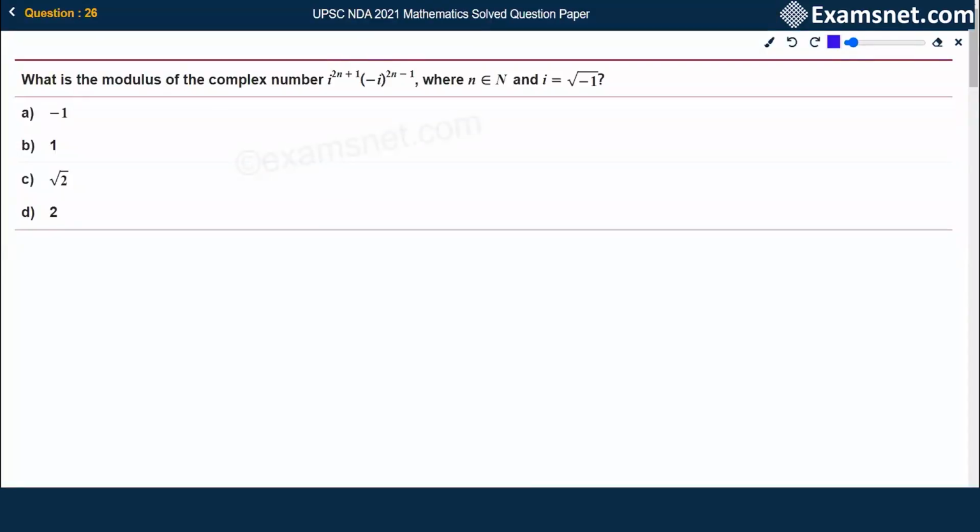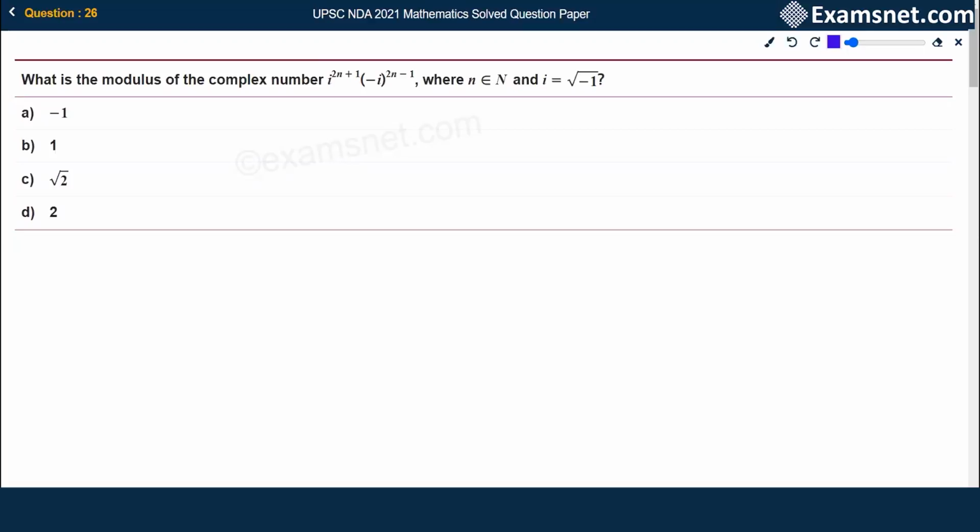It is given in question number 26. What is the modulus of the complex number i to the power 2n plus 1 multiplied by minus i to the power 2n minus 1, where n belongs to capital N, the set of natural numbers, and the value of i is root under minus 1.